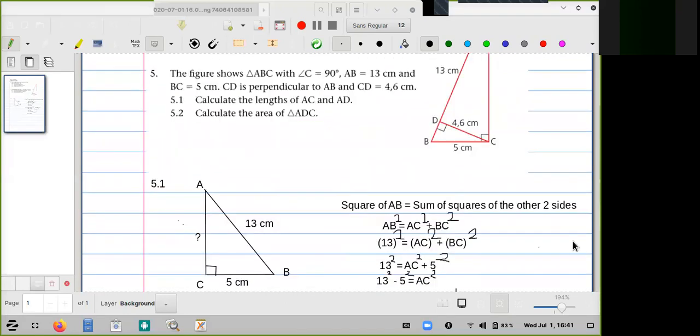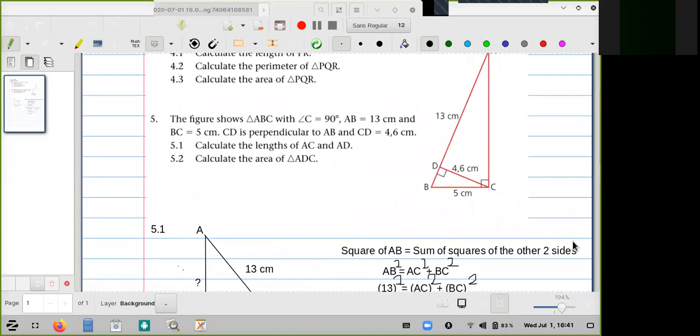The second question, or the second part, says find AD, right? We now know that AC is equal to 12 here, right? So since it is 12, allow me to write that information in a different color so that we can easily identify it.